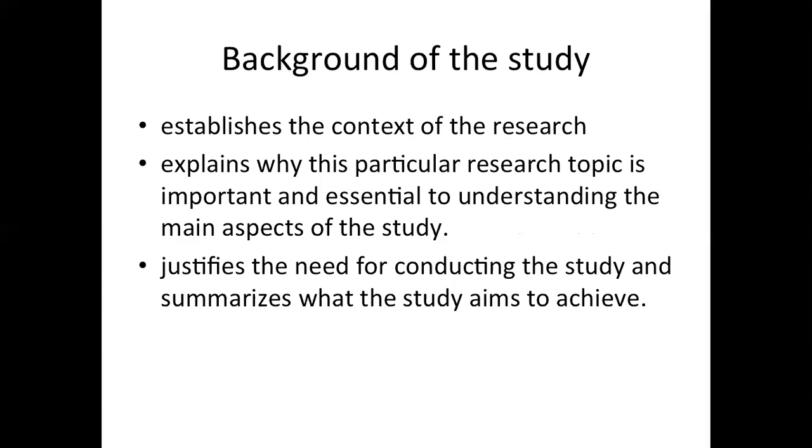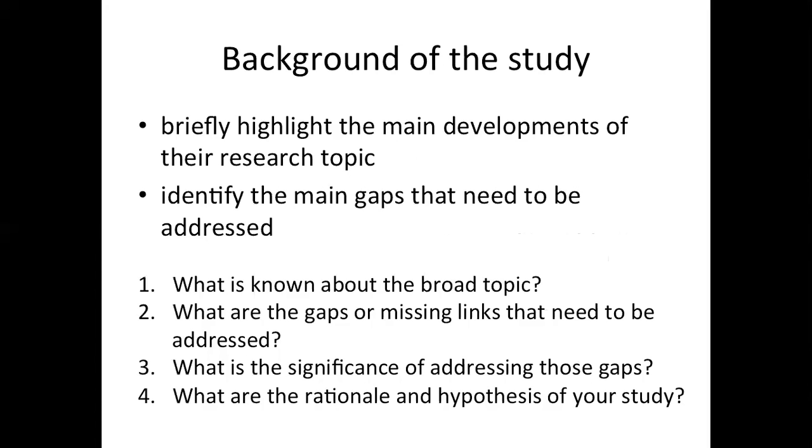So the important point here is that you have to be able to show the reader that your topic is really important to be investigated and they are looking forward to seeing the result of your study. In your background, you have to highlight the main development of the research topic.